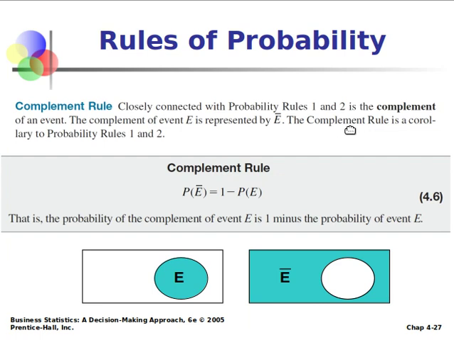The complement rule is a corollary to probability rules 1 and 2, or an extension. Complement rule, that is, the probability of the complement of an event E is 1 minus the probability of event E.